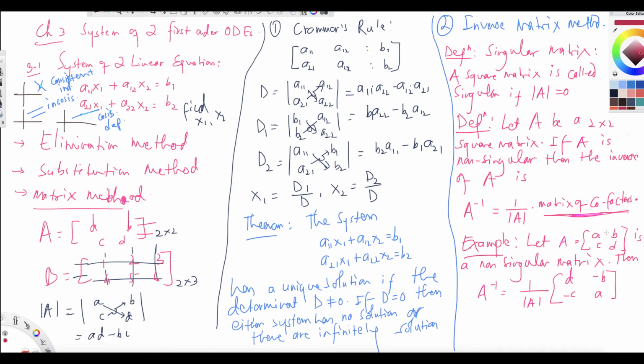Now, how do I use the inverse matrix method to find the solution of a system of equations?